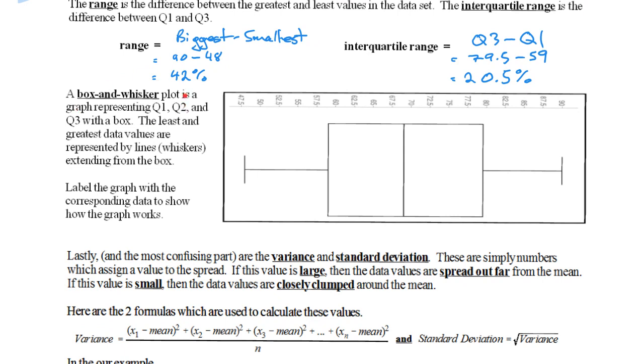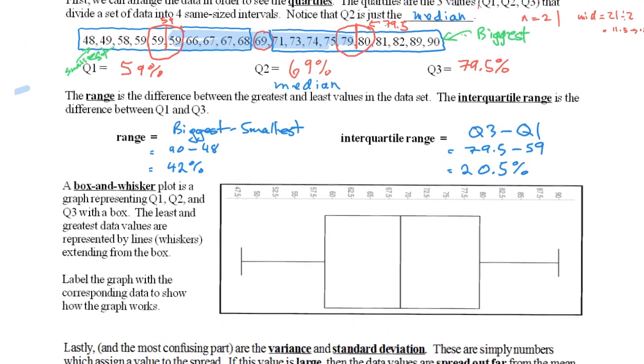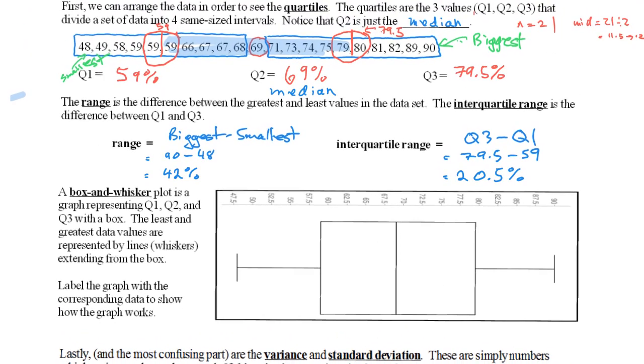Now, a box and whisker plot will show us where Q1, Q2, and Q3 are on our list. Now, if you look here, these numbers go from the lowest number on our list all the way up to our biggest number. So notice we have 47.5 here, but you know what?